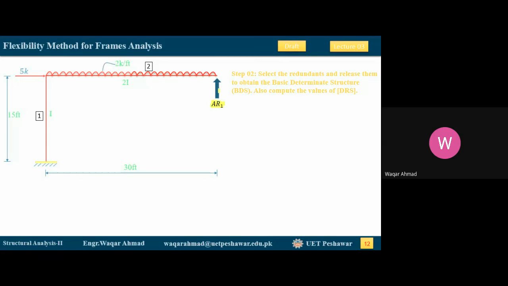This is not a constraint, remember. This is just an action which is unknown. This is a force which is unknown, and this force is in the direction of the constraint which we have released. Similarly, what else have we released? We have also released a horizontal constraint.